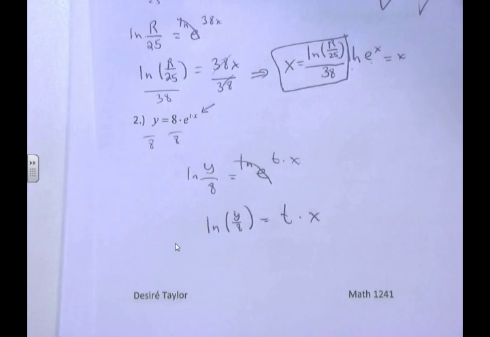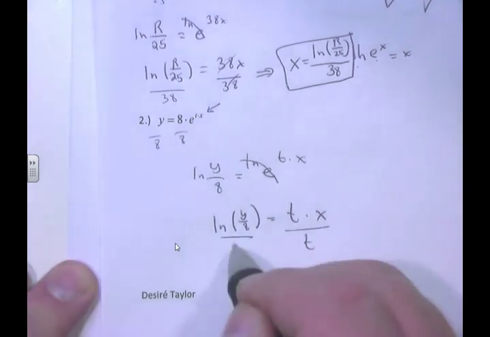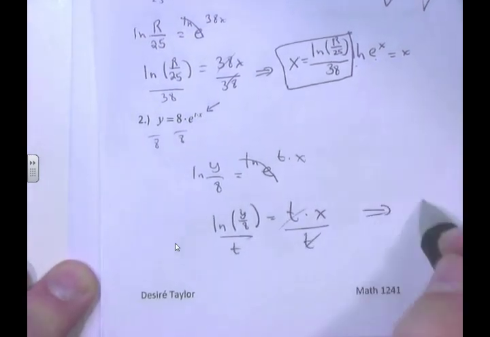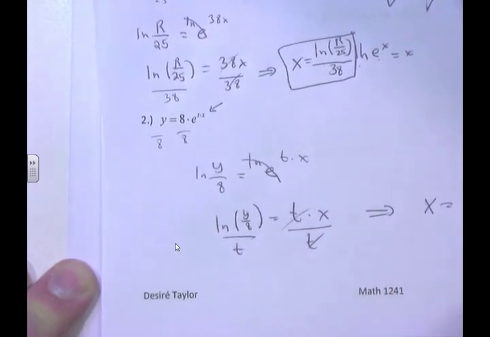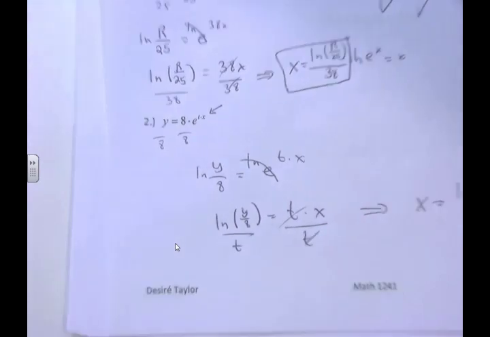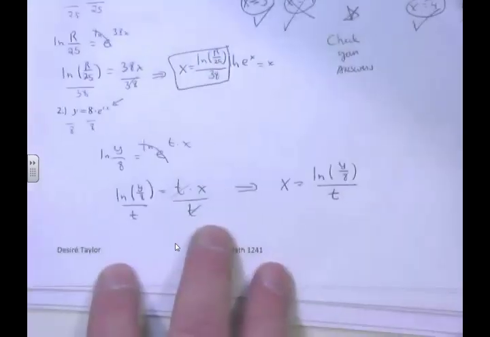Solving for x, you're multiplying it by t, so what are you going to do to get the x by himself? Divide by t. And I get my solution. x is equal to the natural log of y divided by 8, divided by t.